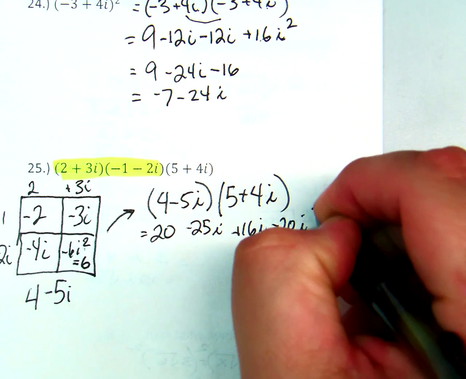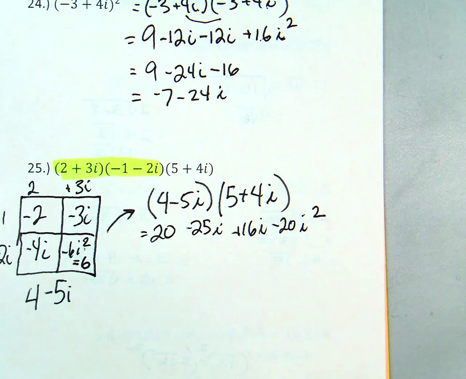Yes. Not when you're multiplying. Oh. Oh yeah, in the middle. That should be negative 7i.